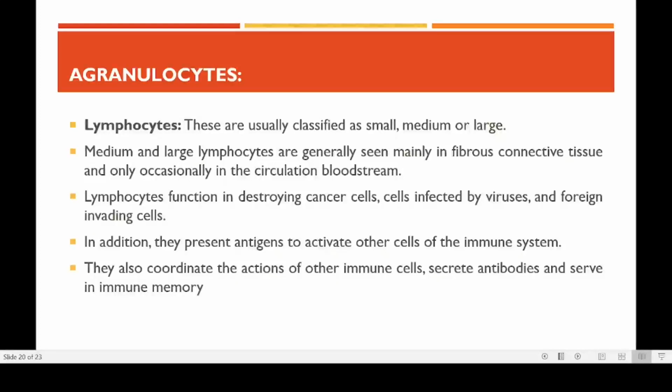But in the case of cancer cells, this process won't happen. They keep on multiplying. That is why the part of the body affected by cancer becomes larger, or there will be swelling on that portion, because the cells keep multiplying.